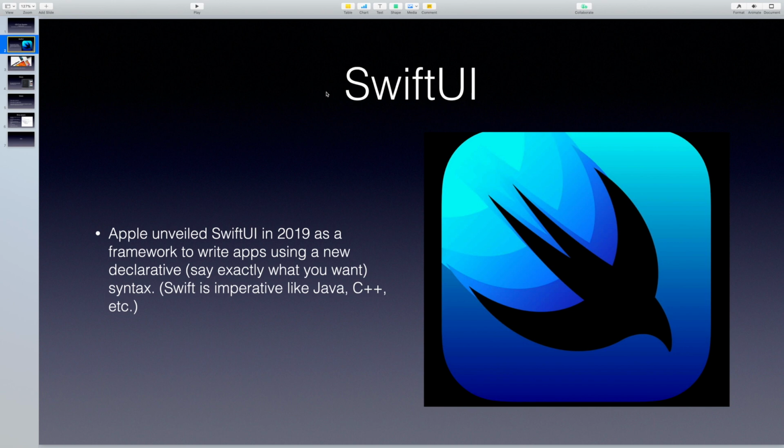So SwiftUI is still programmatic because you have to write some code, but it is declarative. So you say exactly what you want and you'll get what you say.